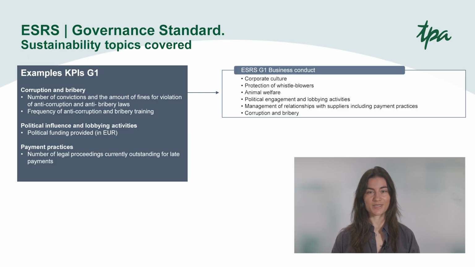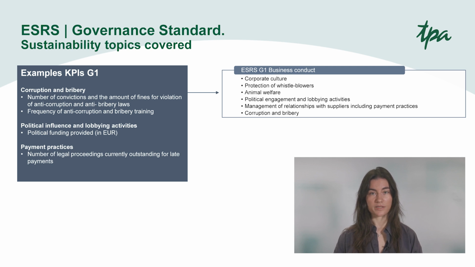The ESRS topical standards include several disclosure requirements with different data points and KPIs. Within ESRS G1 Business Conduct, there are KPIs related to corruption and bribery that require information on the frequency of anti-corruption and anti-bribery training.